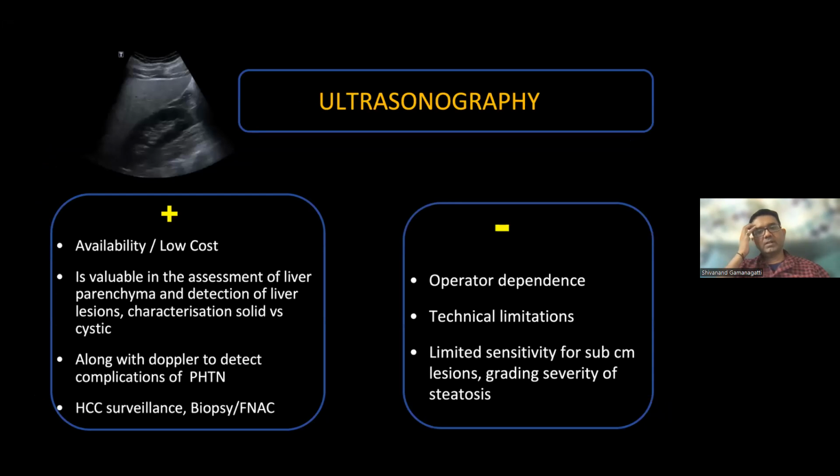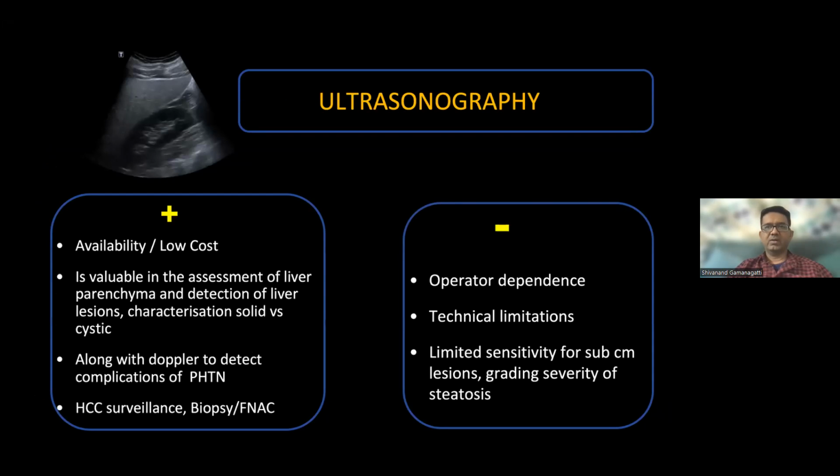Starting with the ultrasound, now it is considered a part of your extended clinical examination because of its easy availability, and you can do it yourself also. It plays an important role in the assessment of liver parenchyma and detection of lesions.